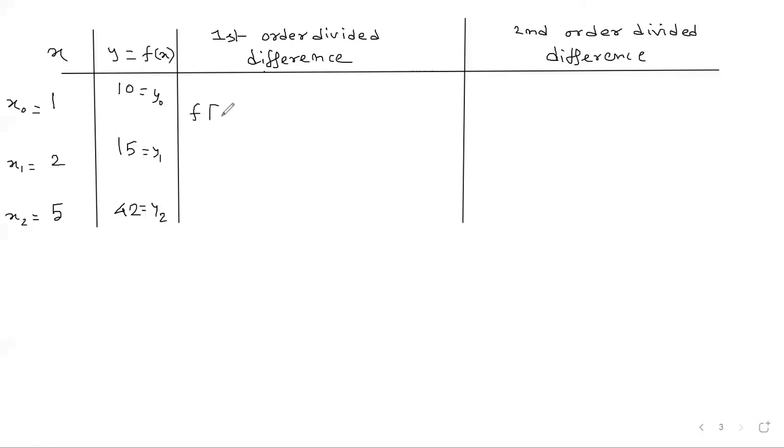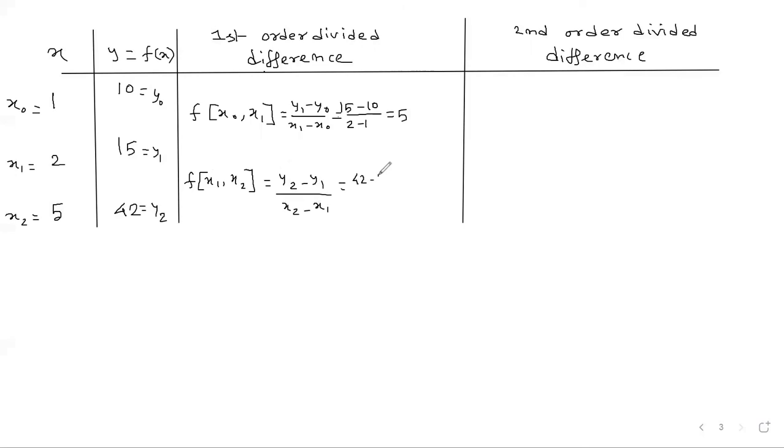So f of x0, x1 is equal to y1 minus y0 divided by x1 minus x0, which is given by 15 minus 10 divided by 2 minus 1, which is equal to 5, and f of x1, x2 is given by y2 minus y1 by x2 minus x1, which is equal to 42 minus 15 divided by 5 minus 2.